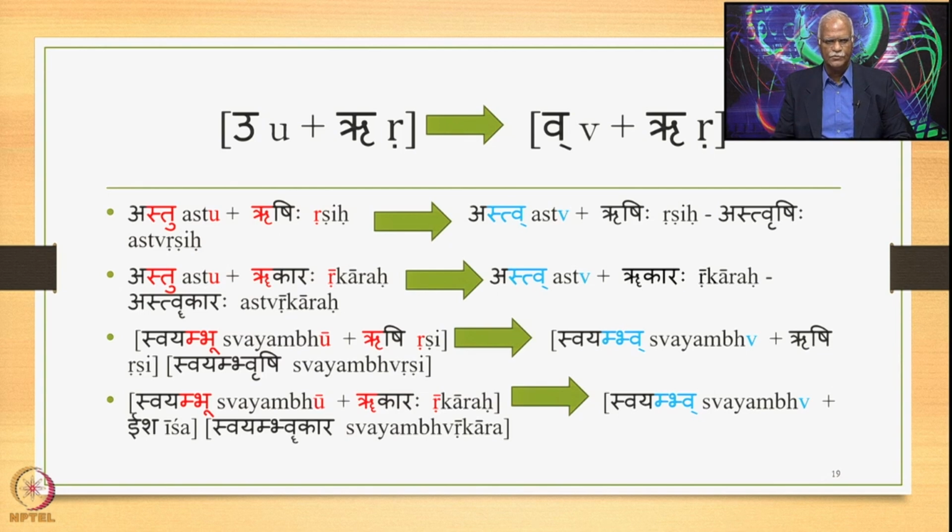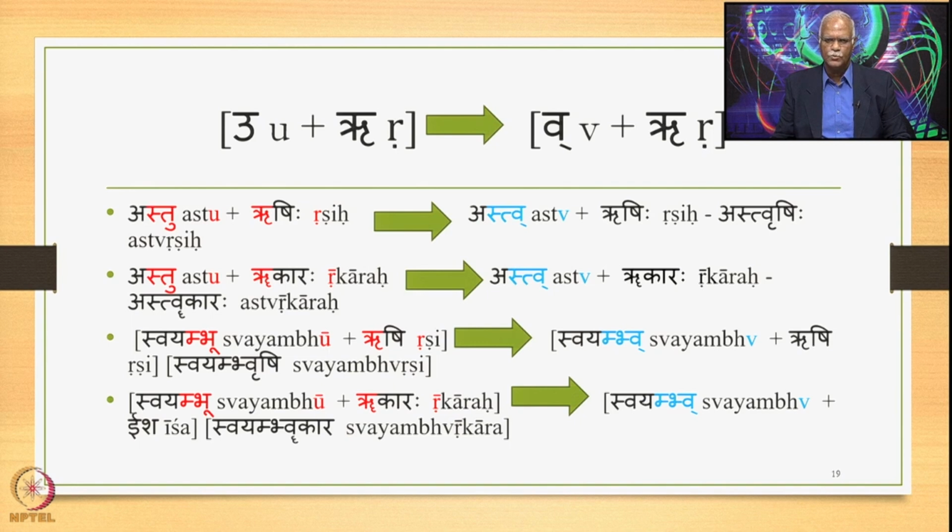Similarly, Astu Rukaraha, once again long Ru coming in as the homogeneous sound of short Ru. So Astu Rukaraha, and the output is Astva Rukaraha after application of 6177, and so we get the output in the form of Astvurukaraha.